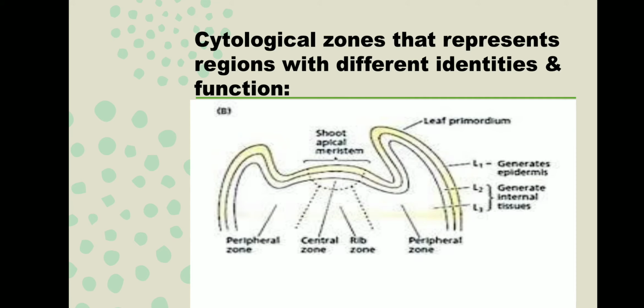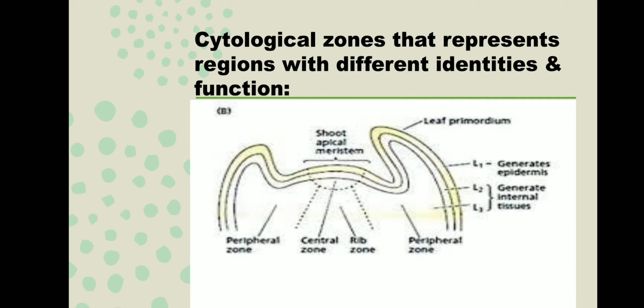The shoot apical meristem has a superficial layer and deeper tissue. The superficial layers, like L1, the superficial meristematic cells, form the epidermal layer. These L1 cells are actually our epidermal layer.